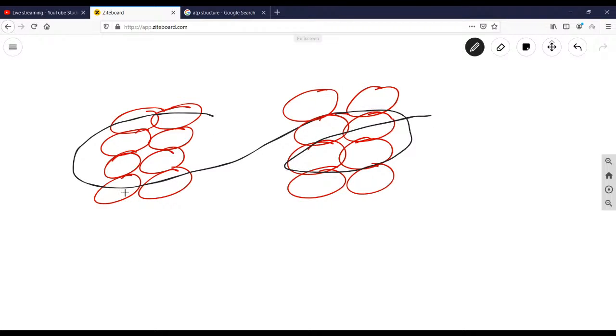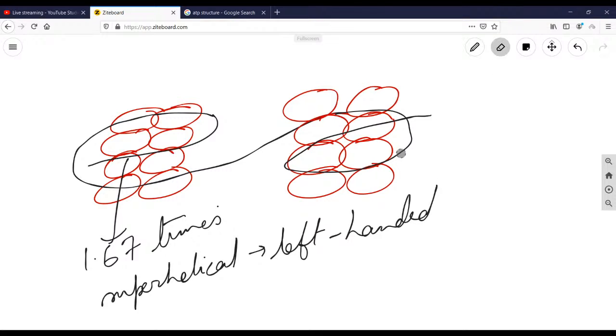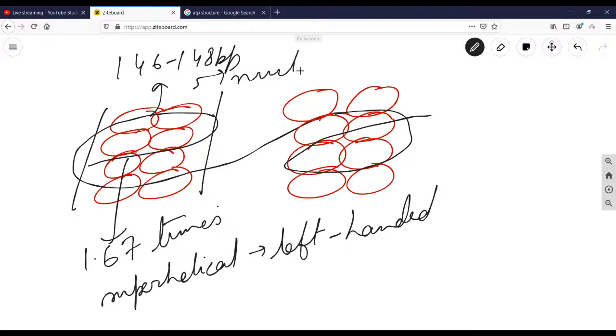So DNA is wrapped around this 1.67 times in a left-handed superhelical fashion. The number of DNA base pairs contained in one histone octamer is 146 to 148 base pairs, and this entire thing is known as a nucleosome.